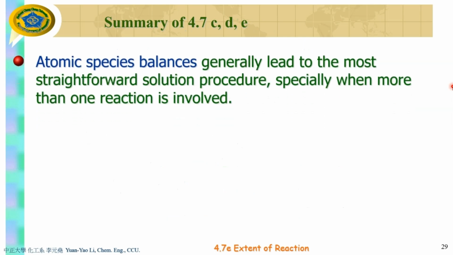So let me summarize this. When you see the DOF, you understand atomic species balance generally leads to the most straightforward solution procedure, because you only have 2 equations. But for the molecular species balance, you have 3 equations. For the extent of reaction, you have 3 equations. And obviously, 2 equations is easier to get an answer quickly, especially when more than one reaction is involved.